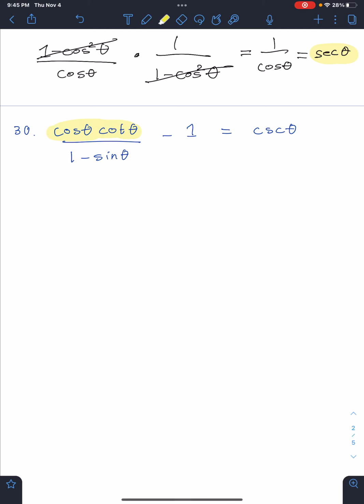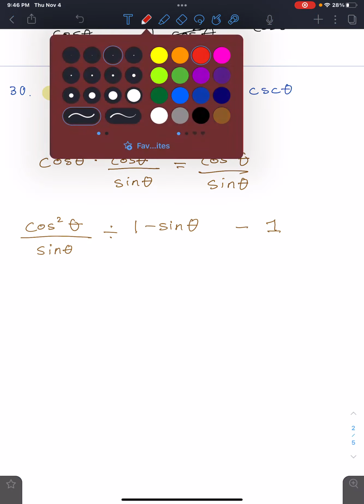So that is cosine squared theta over sine of theta. So I got that. And so now I have cosine squared of theta divided by sine of theta, divided by 1 minus sine of theta. And all that is subtracting 1.